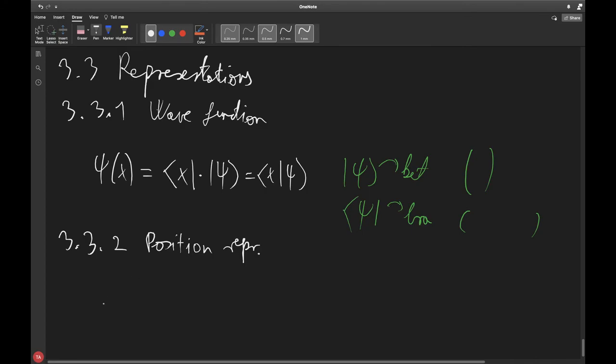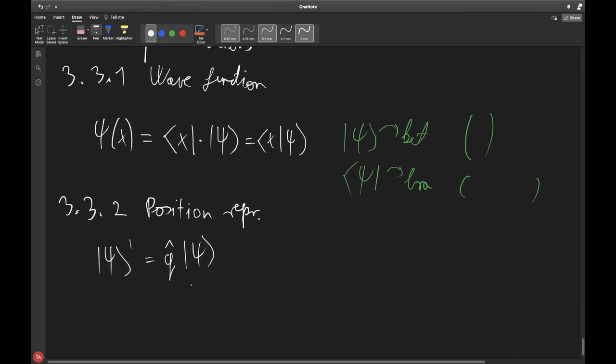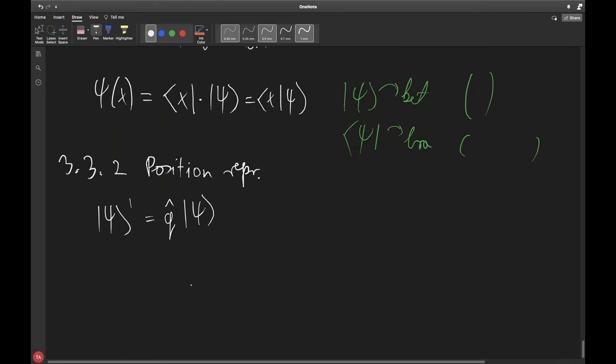So what we want to do is measure the position of our state. The abstract equation that we had earlier was that psi prime is going to be this q operator that measures the state of the wave function. So we said that we can discuss the wave function of something by multiplying this thing with the x.